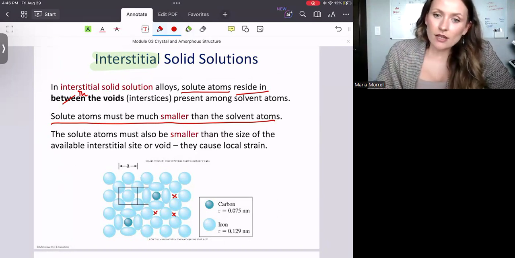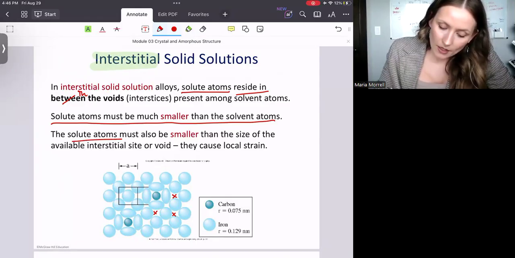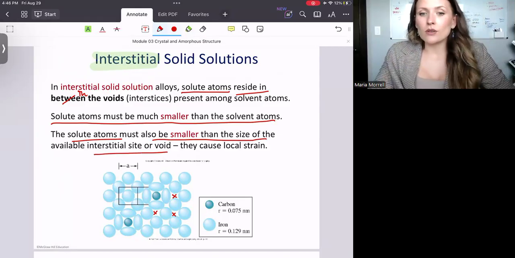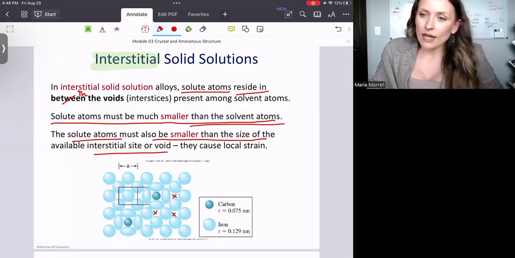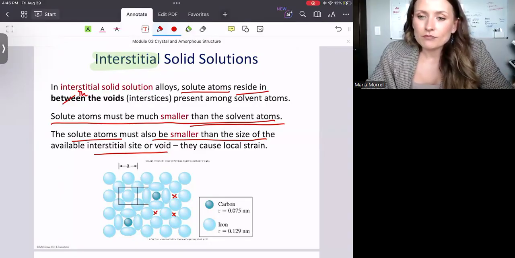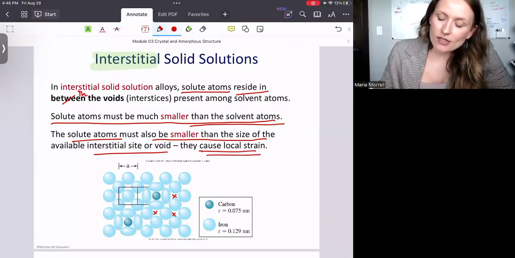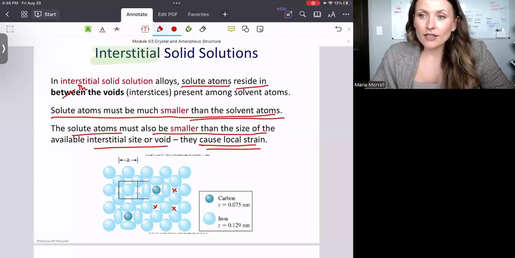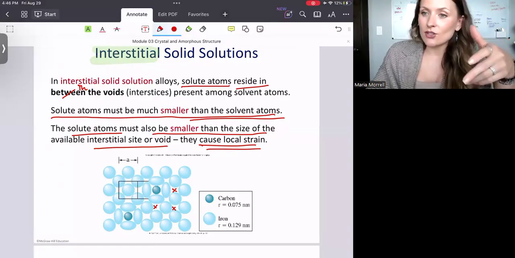What I just said is that the solute atoms must be smaller than the size of the void, or as we also call it, the interstitial site. But they also must be smaller than the solvent atoms, but it kind of comes together, right? Now, one thing to keep in mind is that they do cause local strain, and while it is not necessarily bad, engineers do know how to take advantage of that.